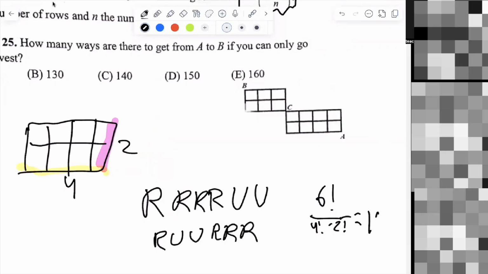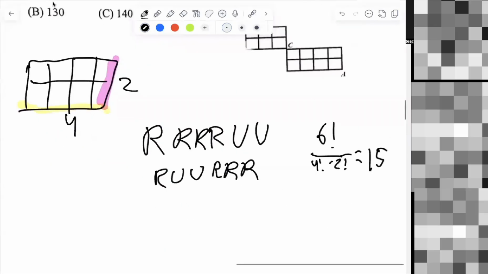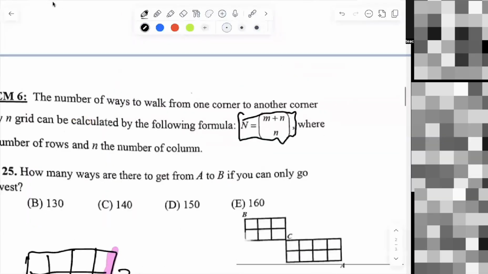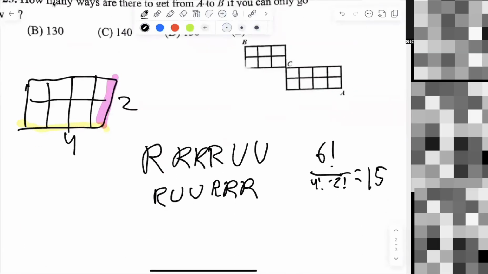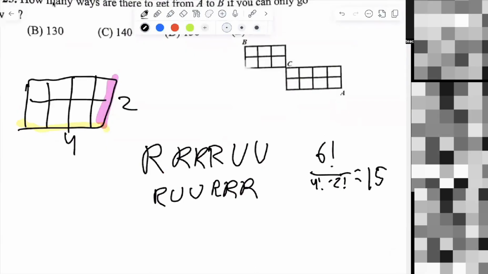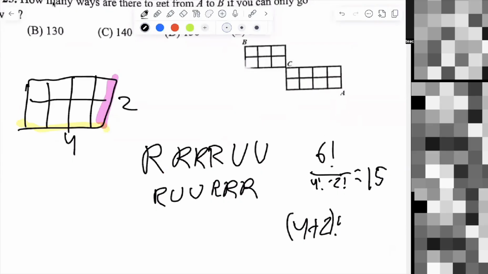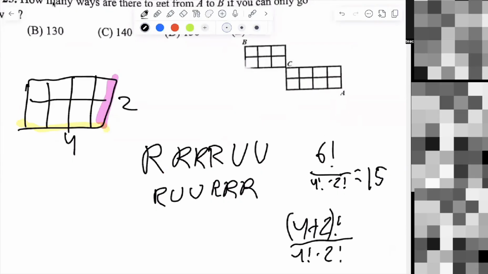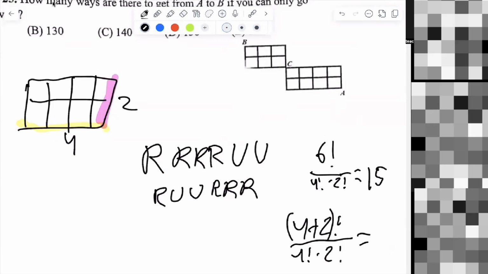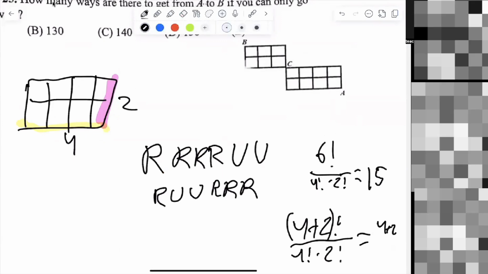Is there another way? What if we apply this formula, m plus n choose n? But wait a second. We know that this is m plus n choose n. How? This is just 4 plus 2 factorial divided by 4 factorial times 2 factorial, which from there you can get from 4 plus 2 choose 2.